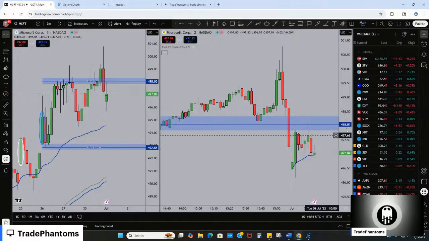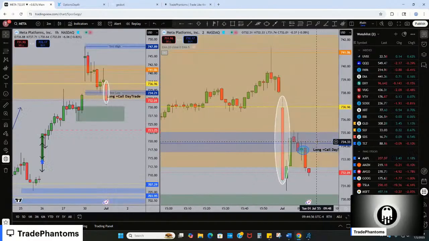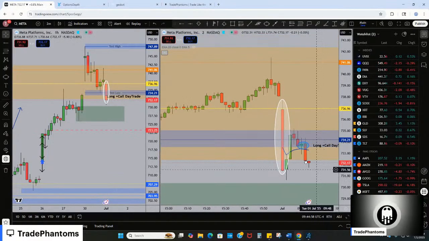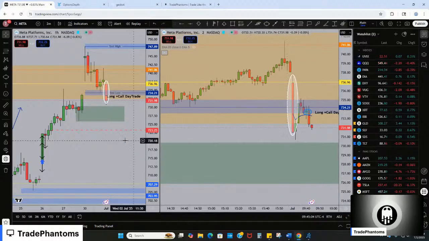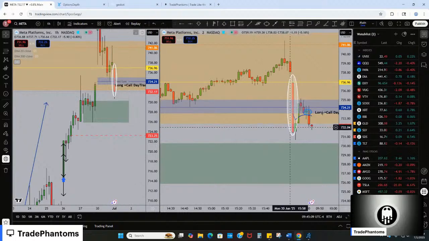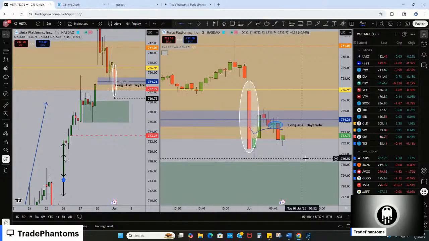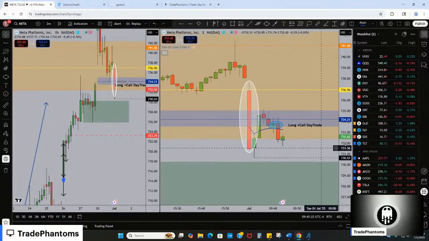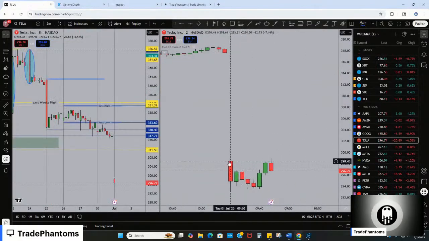Watch out for this Meta trade. I'll be patient with it, but I don't like that reaction off of VWAP. So I want to see how this responds at a new low, if that happens. Tesla is up over here near.